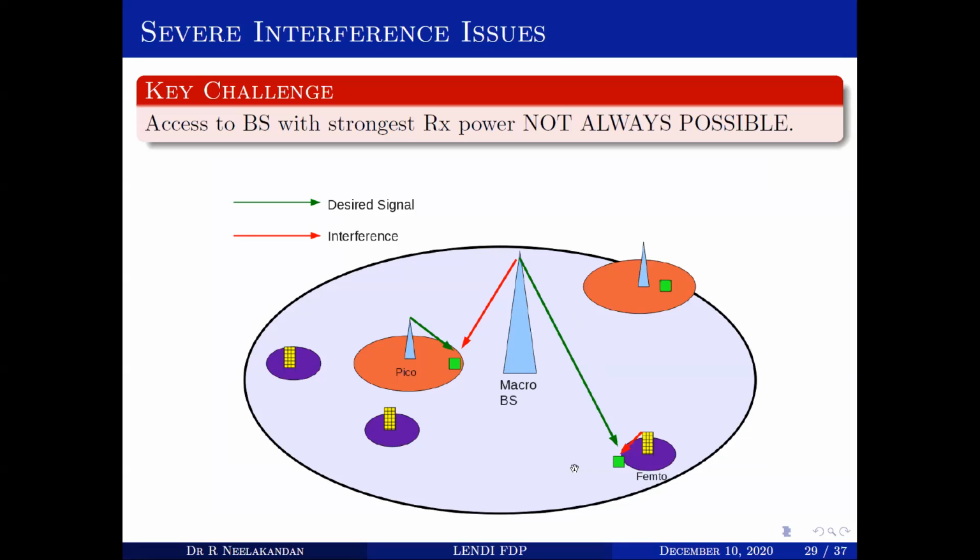Earlier we discussed that in a conventional network, a mobile receives from all the towers around it and chooses the strongest. But here, even though this is strongest, I cannot go for it because your femtocell won't allow me to connect. So in this heterogeneous network, the thumb rule of always getting access to the strongest received power is not always possible. Then what do I have to do?